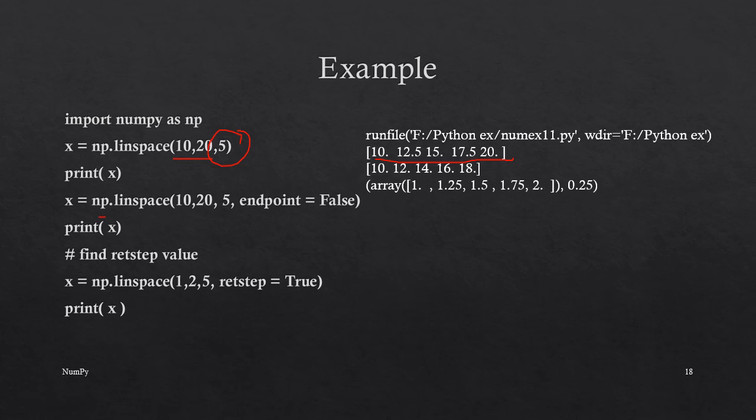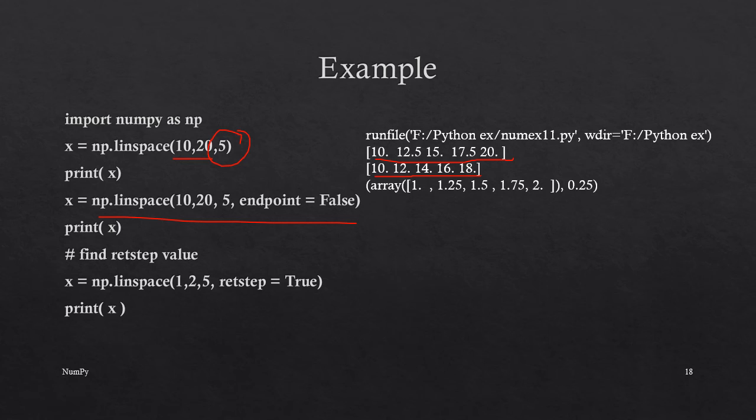In the next case, np.linspace, same example, but here endpoint is set to false. So the 20 will be excluded. The elements will be evenly spaced with a gap of 2: 10, 12, 14, 16, 18 are the 5 evenly spaced elements, since the end value is excluded.